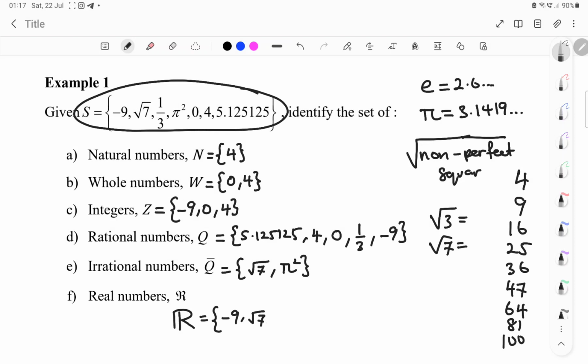Real numbers are the union of rational and irrational, so we might as well copy everything inside this list: pi squared, 0, 4, 5.125125. So that's it.